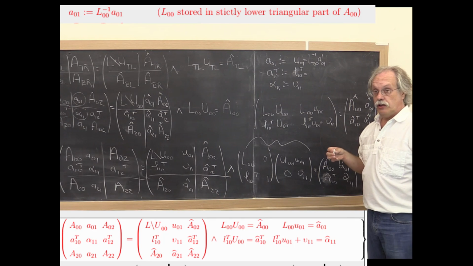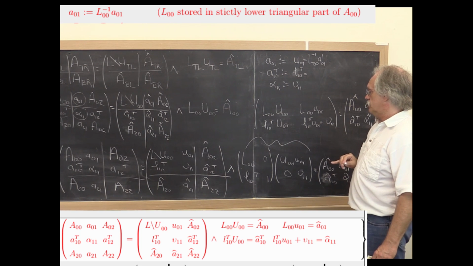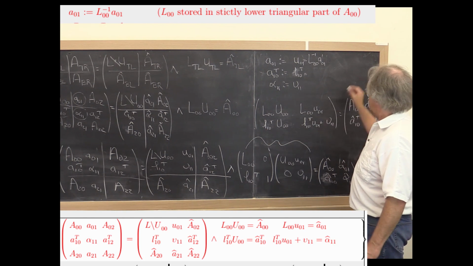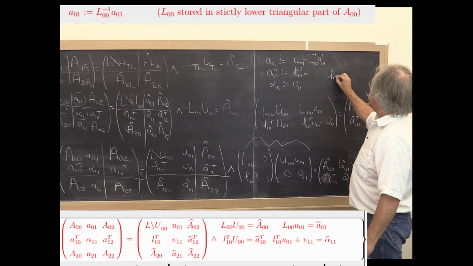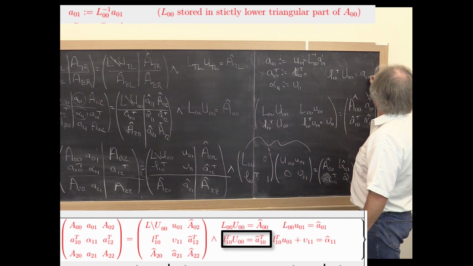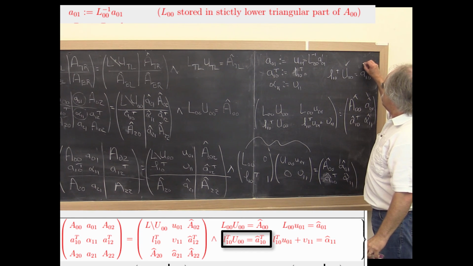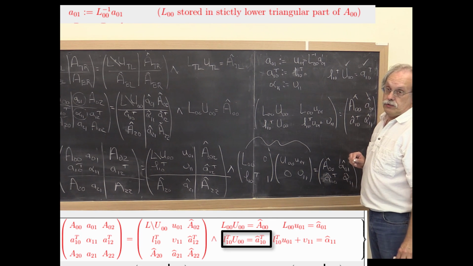So maybe you're catching on now. How do we compute L10 transpose? Well, we know that L10 transpose times U00 is equal to A10 transpose. You know what U00 is, you know what A10 transpose is.